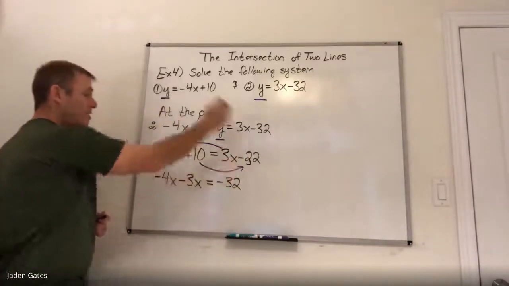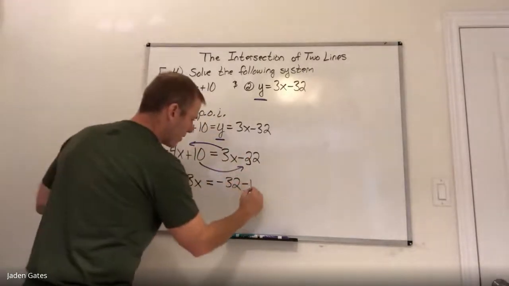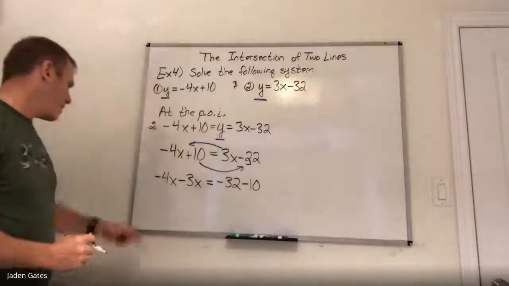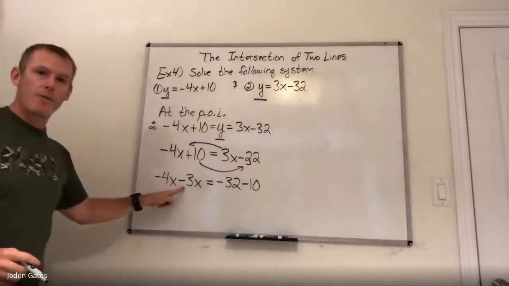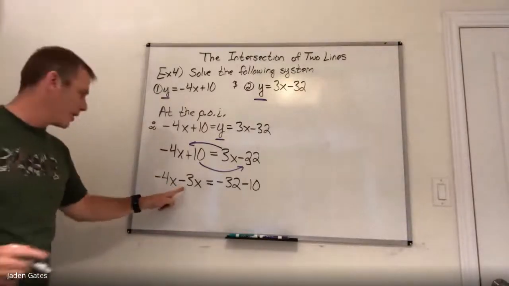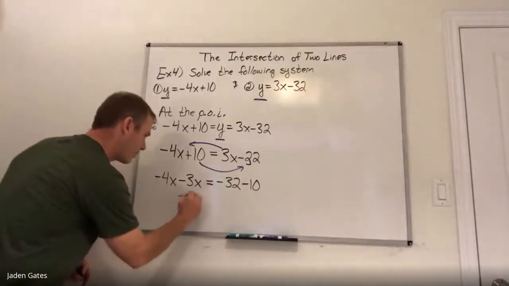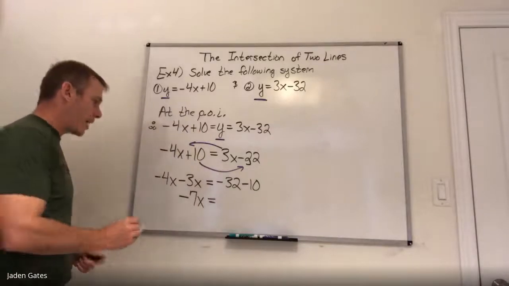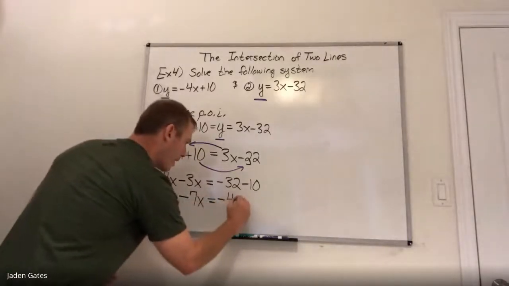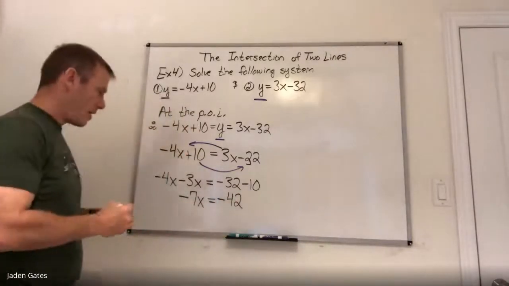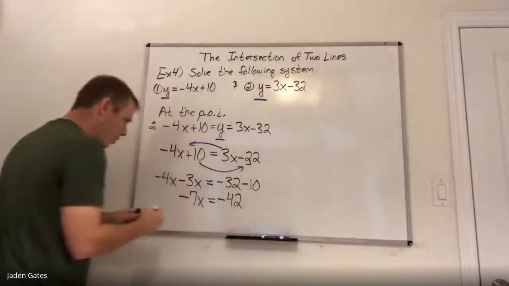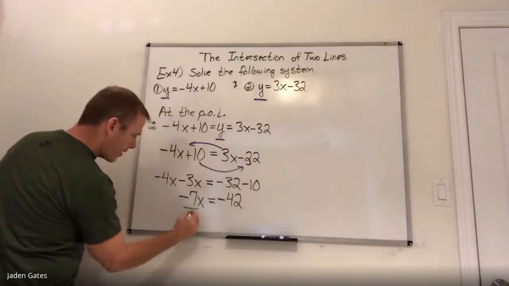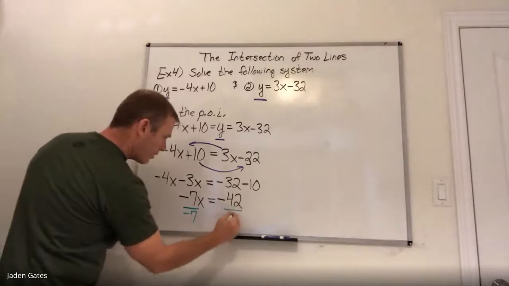The 10 is coming over, so it's switching signs too. It's a minus 10. Putting my like terms together, my minus 4x and my minus 3x, that's a minus 7x. And if I lose 32 and I lose 10, I'm down 42.